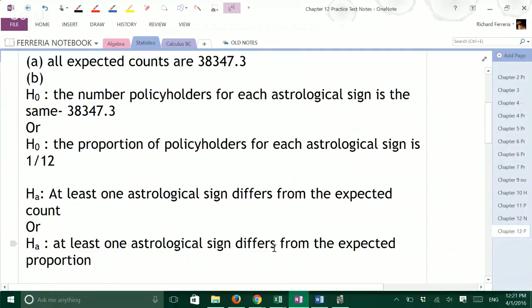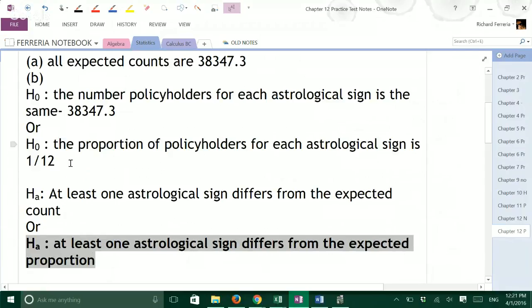And of these, I think the proportion one's probably the better one to use. I would probably pick this one if I had to pick one for you.